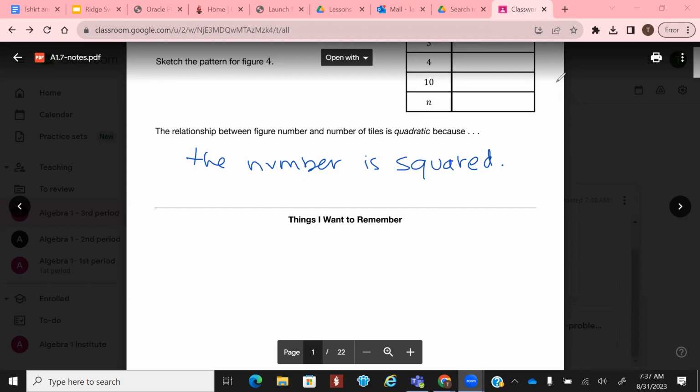Yep. It's all squared, whatever the figure is, and then you add it back. Okay, so squared equals quadratic. Okay, and it won't always be added by itself. That won't always be the case, but we'll definitely have something along the lines of n squared. Okay.